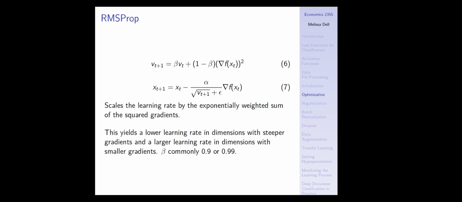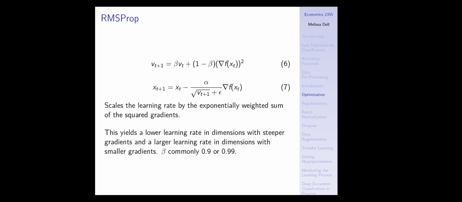And so what this does is that if you have dimensions that are very, very steep, and so they have large gradients, you're going to square that, and you're going to be dividing by a large number, and so you're going to have a low learning rate. Whereas if you have dimensions that you're trying to move in that are very flat, then you're going to be dividing by a smaller number, and so effectively you're going to have a larger learning rate.